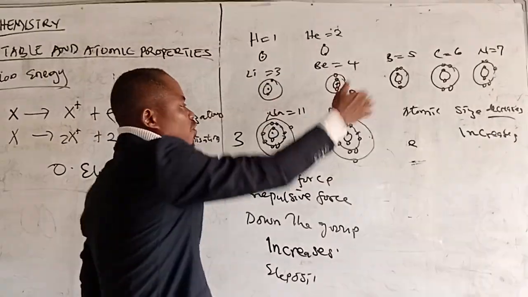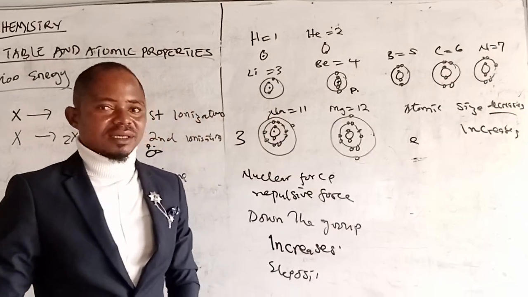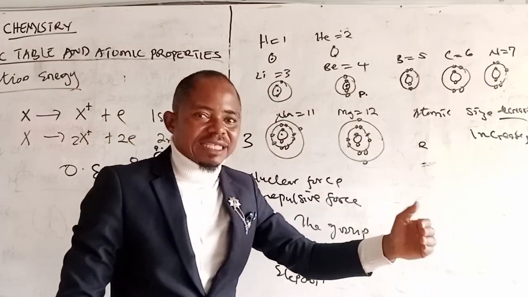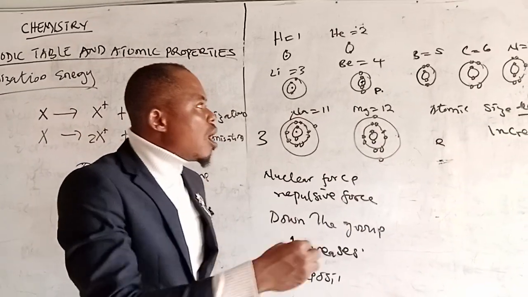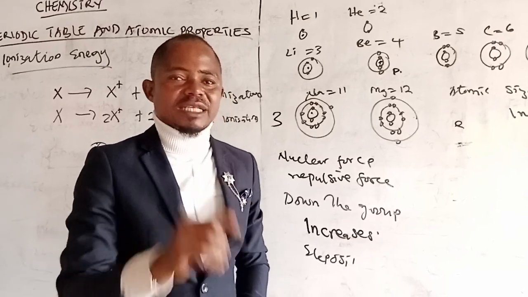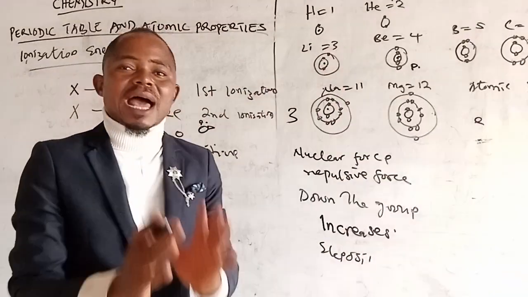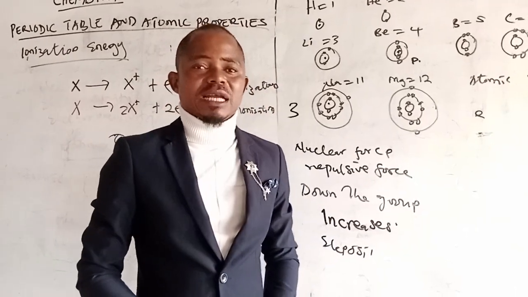So as we move from left to right, ionization energy will increase. A more electronegative element, that is an element that can accept an electron, will require more ionization energy than a more electropositive element. Simply put, metals require less ionization energy, while non-metals require higher ionization energy.